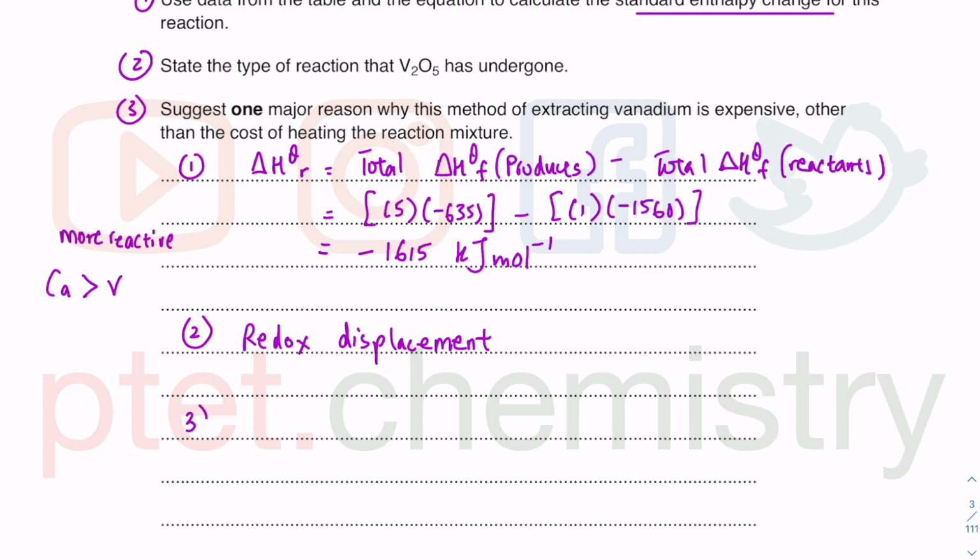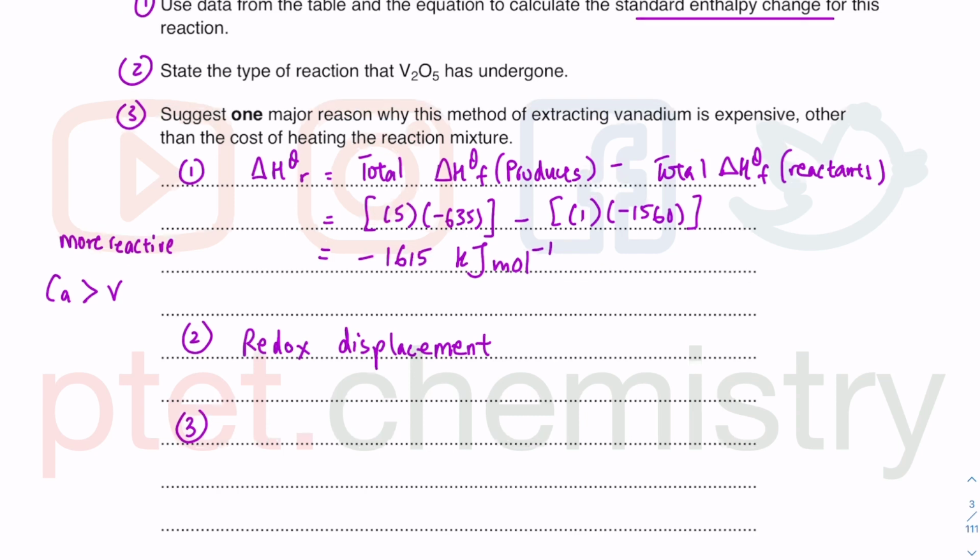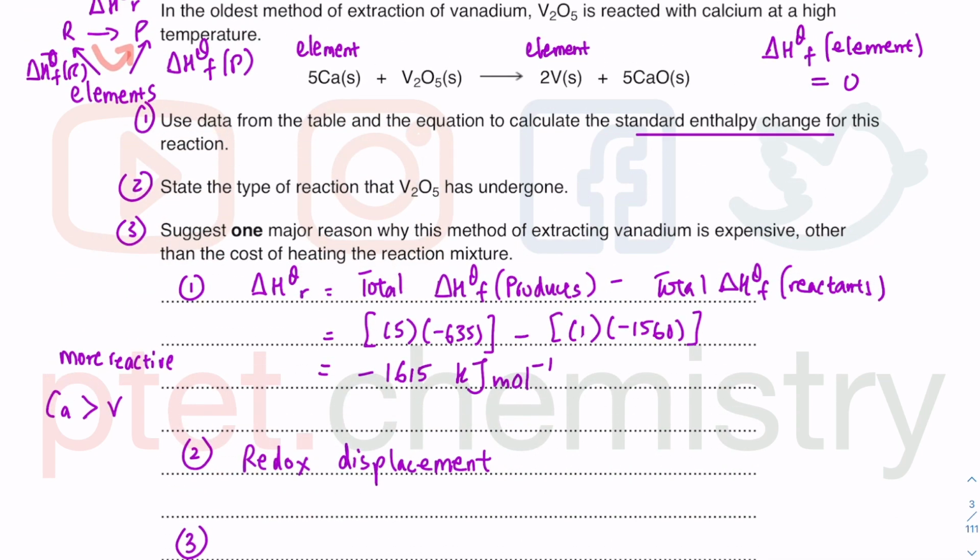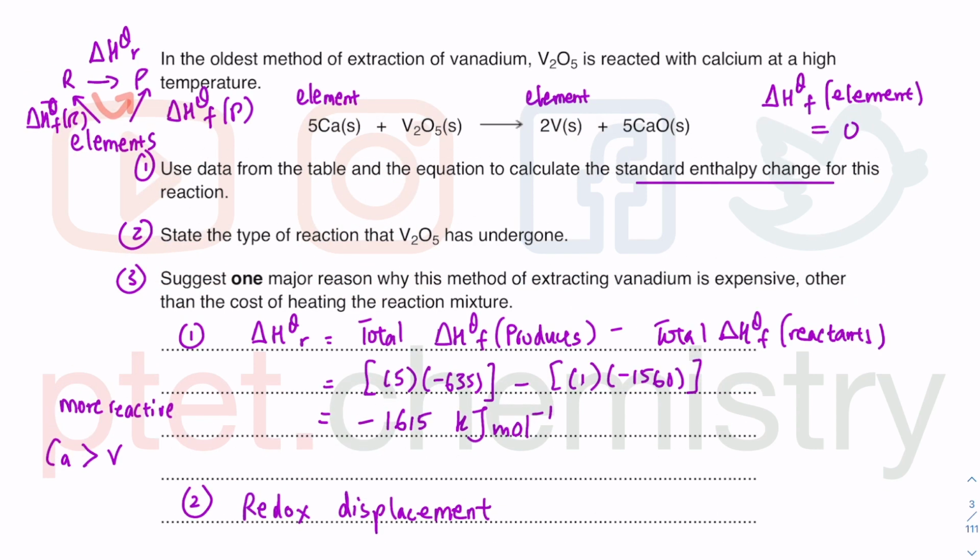In terms of number 3, suggest one major reason other than the cost of heating why this metal extraction is expensive. At a high temperature, but that one is expensive, so we already established that. So other than the cost of heating, let me think.